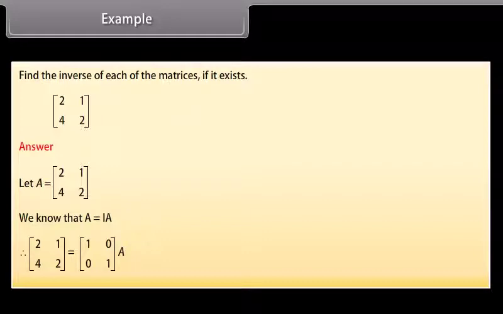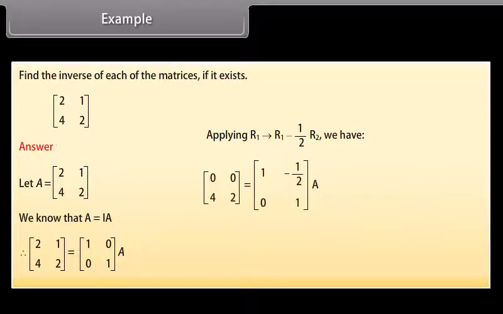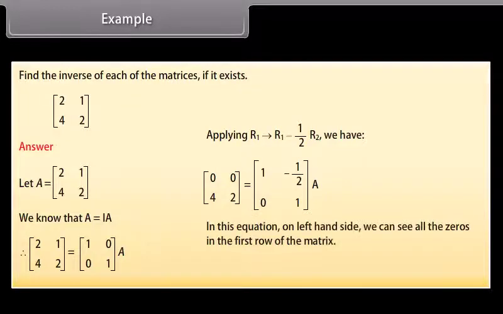Therefore, the matrix with rows [2, 1], [4, 2] is equal to the matrix with rows [1, 0], [0, 1] times A. Applying R1 changes to R1 minus 1 by 2 of R2, we have the matrix with rows [0, 0], [4, 2] is equal to the matrix with rows [1, -1/2], [0, 1] times A. In this equation, on the left-hand side, we can see all zeros in the first row of the matrix. Therefore, A inverse does not exist.